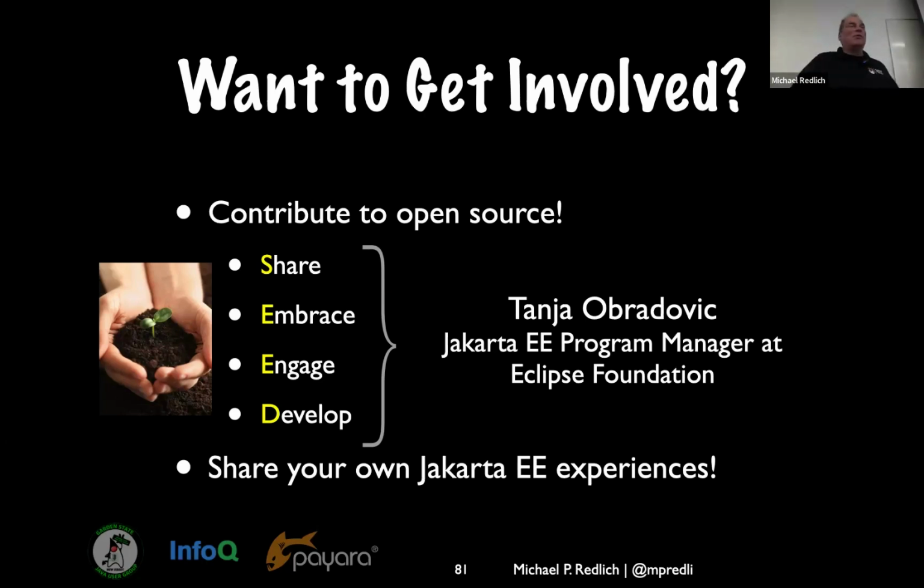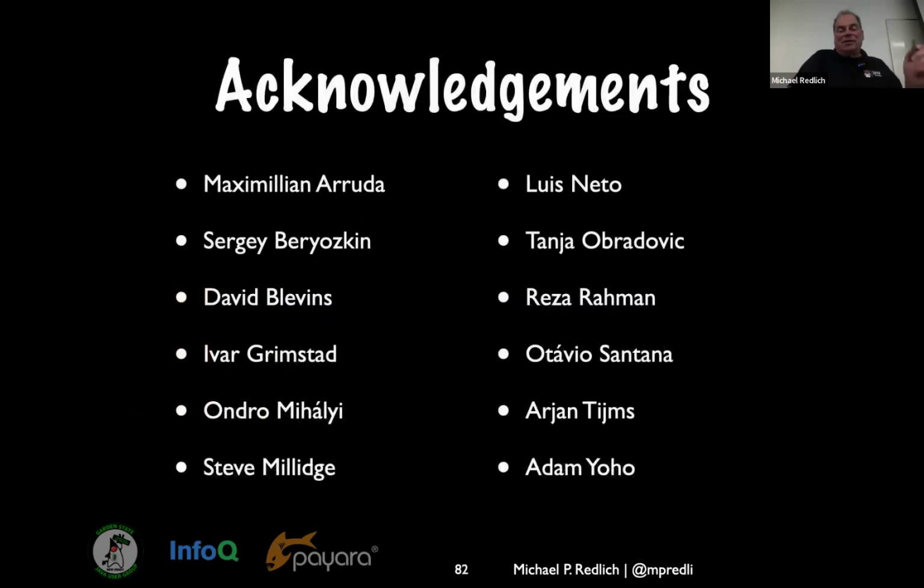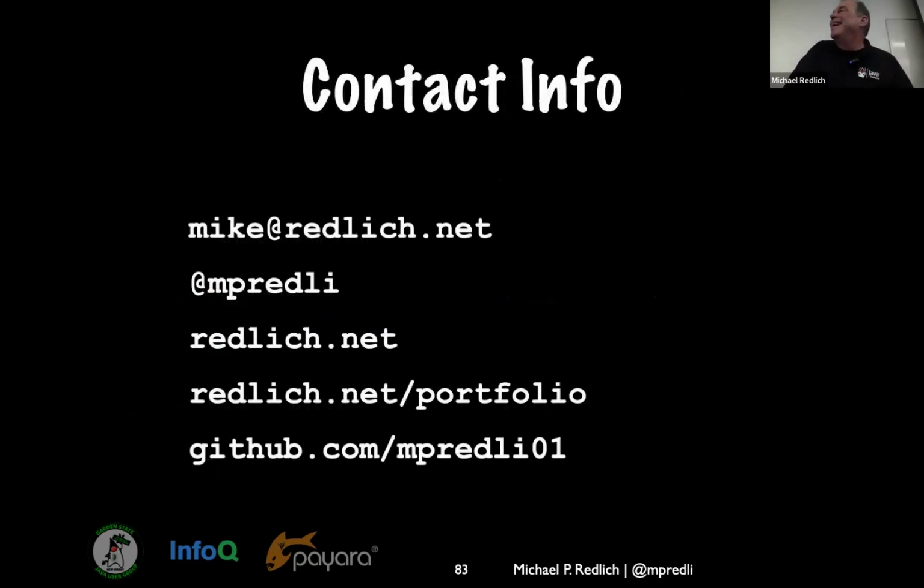That's the beauty of open source, it's everybody working together. I thought this was a pretty cool slide, and I know Tanya, I work with her quite a bit on a lot of the Jakarta EE stuff. Open source is one area where people who want to get involved, if you're introverts, you can do it without meeting another single person.